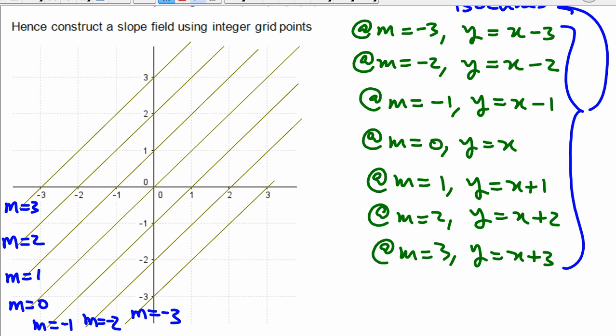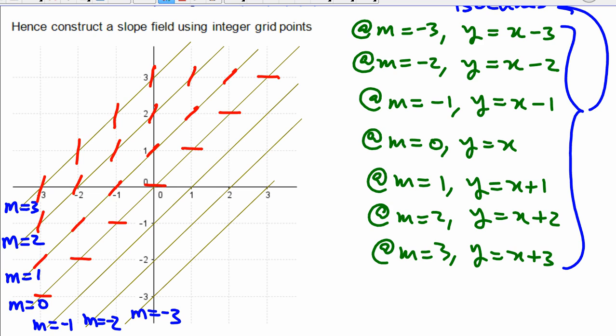So make it quite steep. Something like that. The next one is 2, so less steep than that. And then 1. And then 0. So at any point on this curve, the gradient is 0.